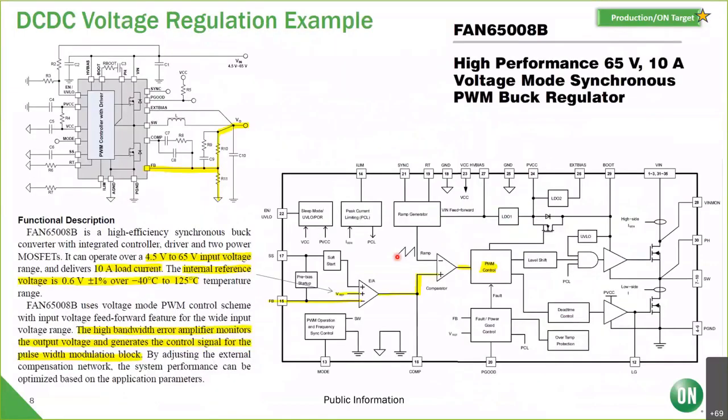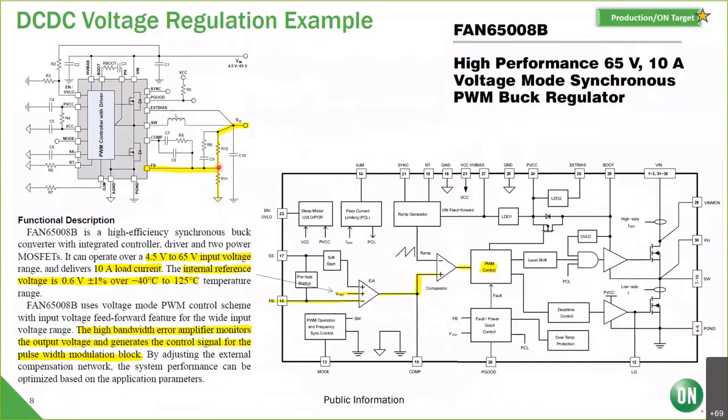Now, a quick note on voltage regulation, and this is just one example of output regulation with voltage. Sometimes you may see a buck. This example is our FAN 6500 series. It's a 10 amp buck, and it's got the integrated synchronous rectifier with the PWM control here. And you'll see it's got this feedback pin.